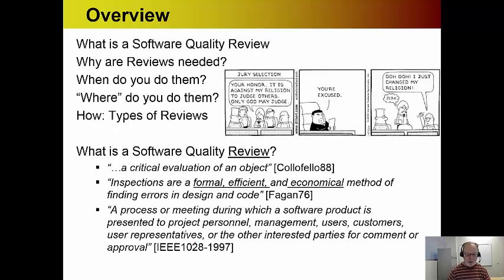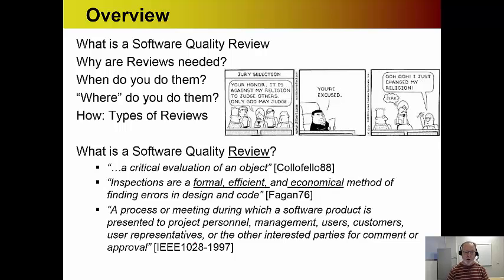The IEEE 1028 standard on quality reviews gives us a bit more complete definition: a process or meeting during which a software product is presented to project personnel, management, users, customers, user representatives, or other interested parties for comment or approval. Well, so in a sense, we've actually used the term review already in our Agile language, right?